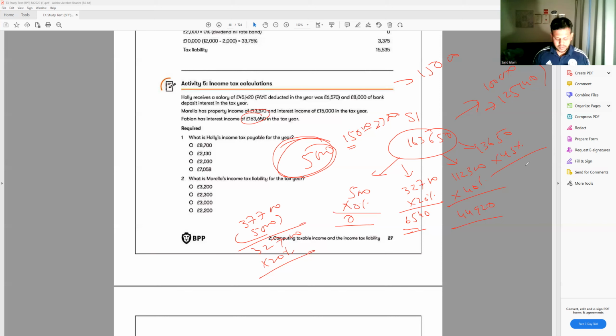And that will give me 6,142. And that's it. Now, if I added these three, that will give me a total of 57,602. So this is my total income tax liability for Fabian.